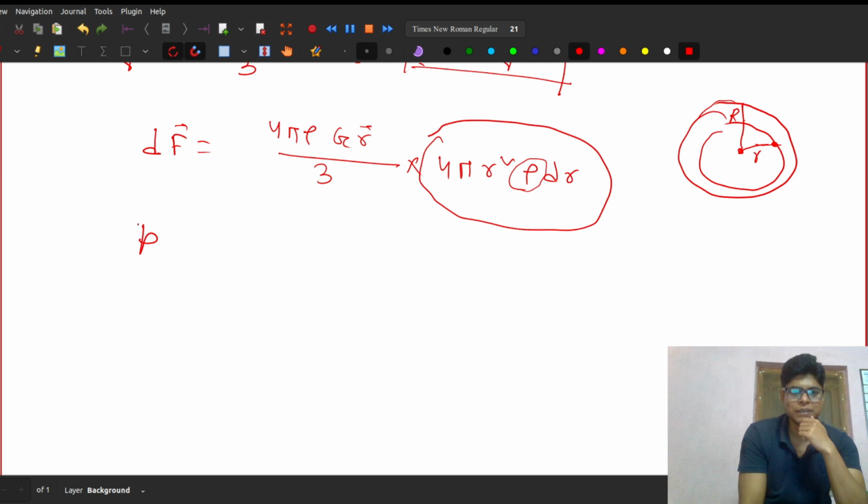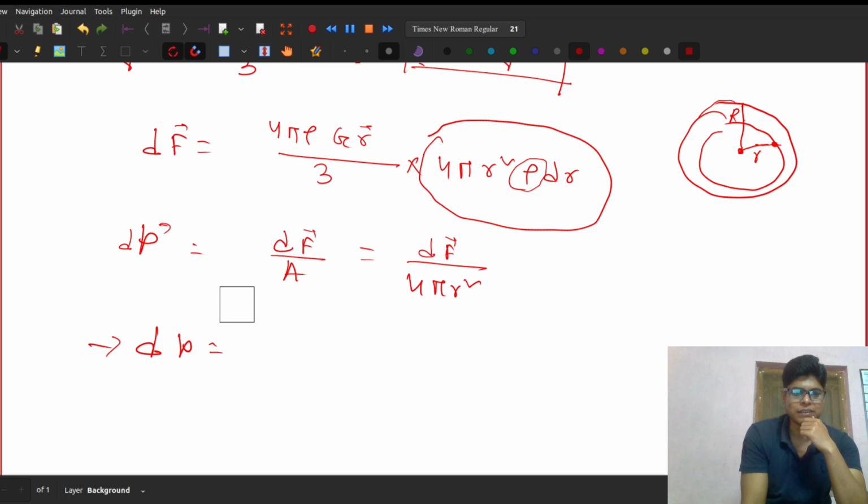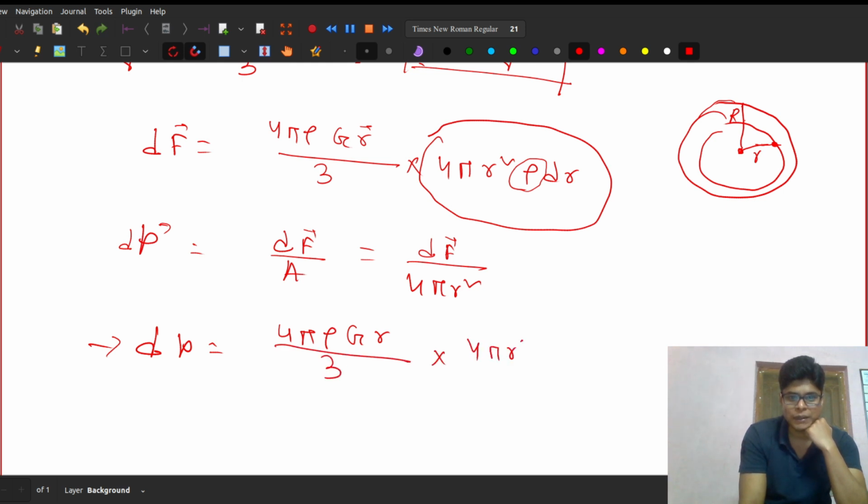So the pressure would be dP equals dF by A, that is dF by 4 pi r squared, and thus we get dP equals, we can take out the vector notation and use the scalar one, 4 pi rho G r by 3 multiplied by 4 pi r square rho dr multiplied by 1 by 4 pi r squared.